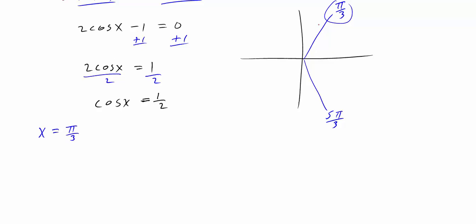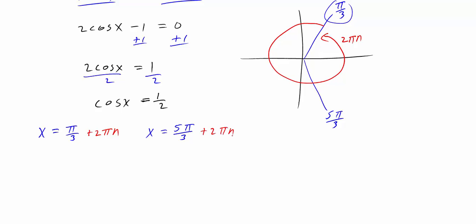But now keep in mind, if I was to add on, again, a multiple of 2 pi, I could keep on going around. So that would be a multiple of 2 pi, so that's 2 pi n. So we're going to add on 2 pi n. And then, of course, the other angle is 5 pi over 3, so x equals 5 pi over 3, and we could again add on any multiple of 2 pi.